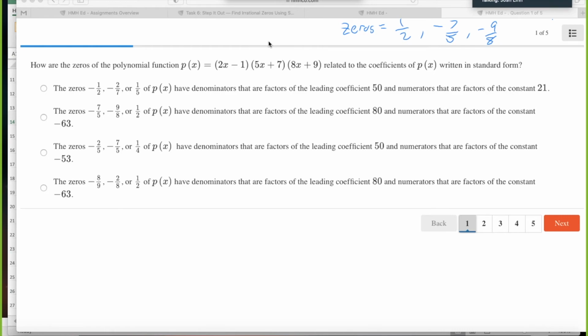So now we need to put it in standard form. We're going to be doing a little bit of math.